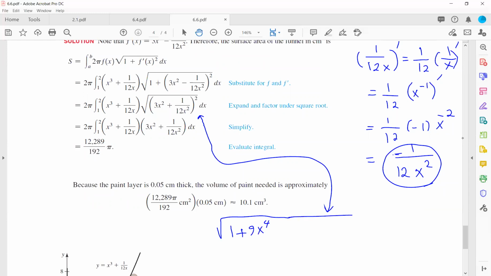Then here you have minus 2 times 3x squared, 1 over 12x squared, plus 1 over 144 x to the fourth. Okay, so as you can see, here you have x squared and x squared. You can cancel out these two.